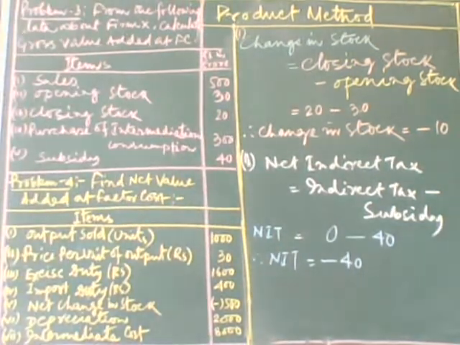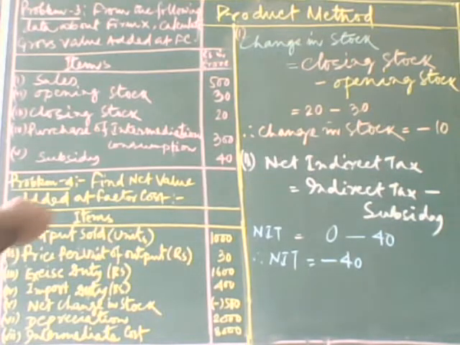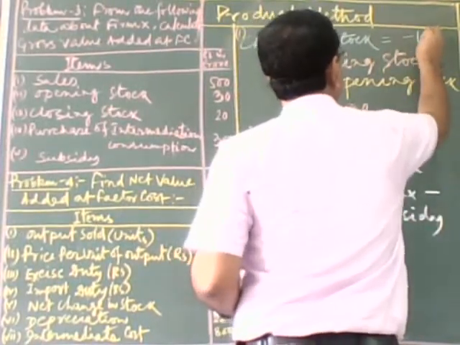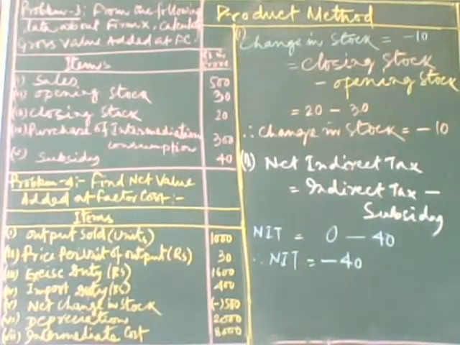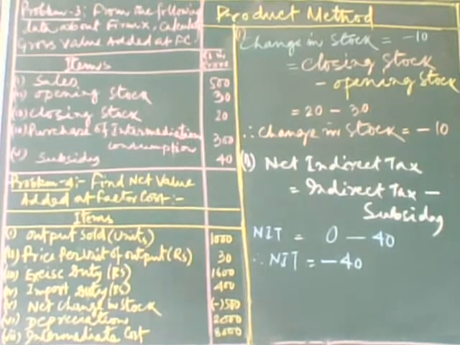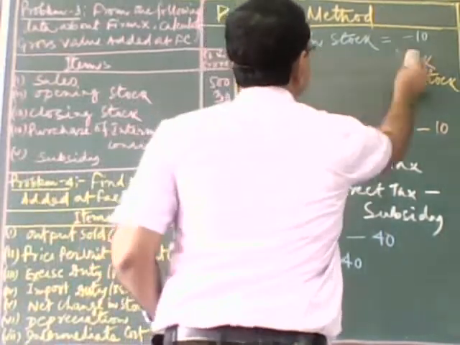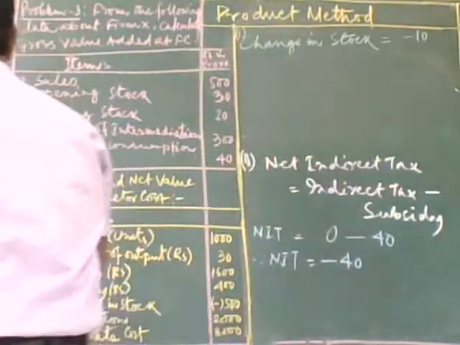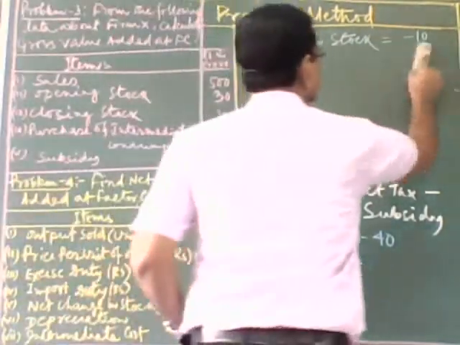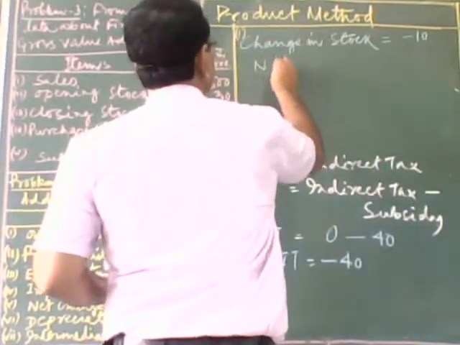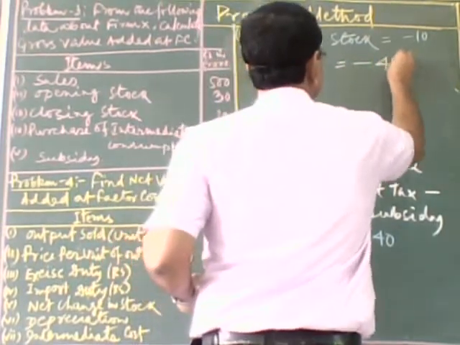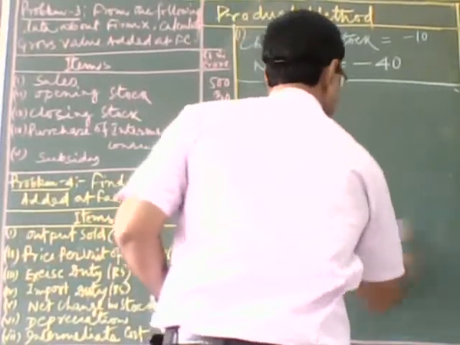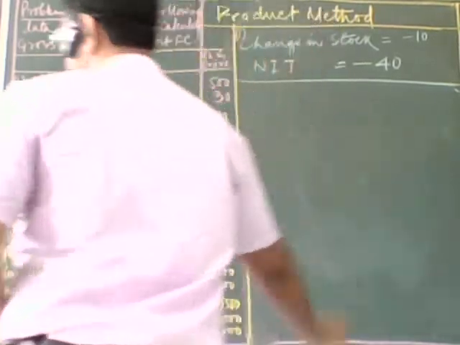So from this information, we are getting change in stock equal to minus 10, and number 2, NIT is equal to minus 40.